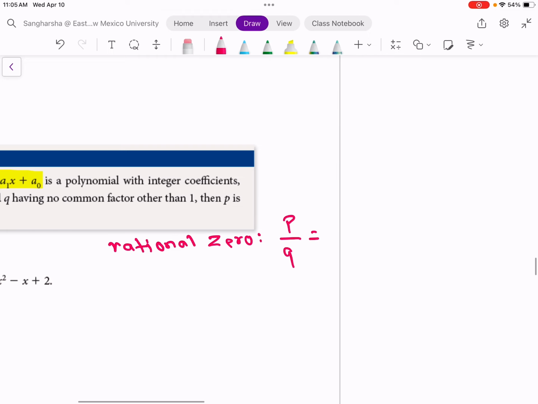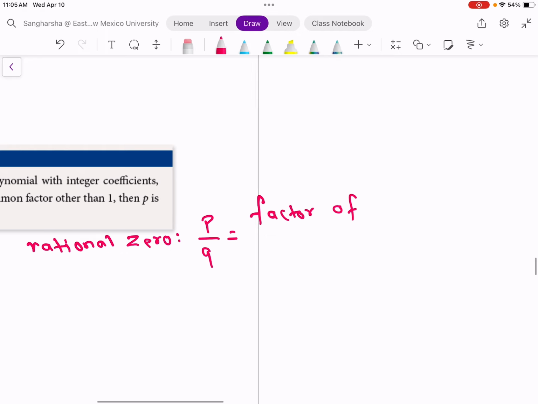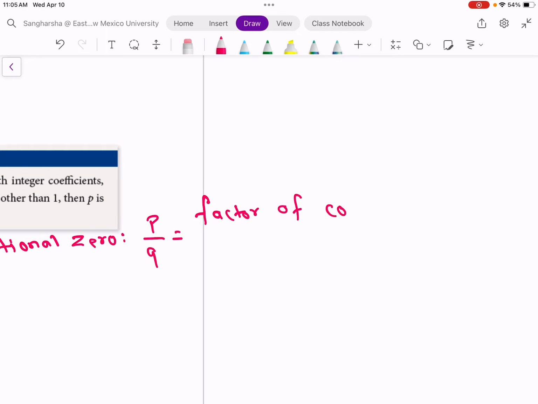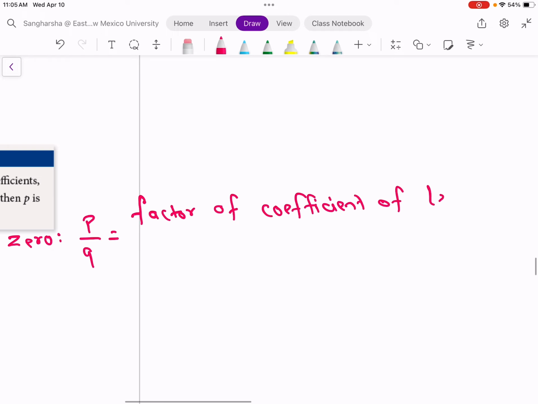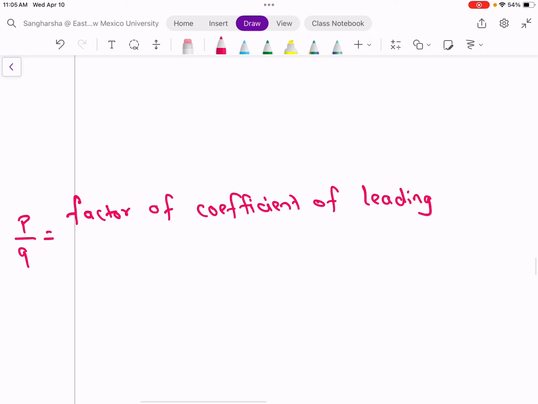P is the factor of the coefficient of the leading term. So we write down every factor of the coefficient of the leading term of the function.